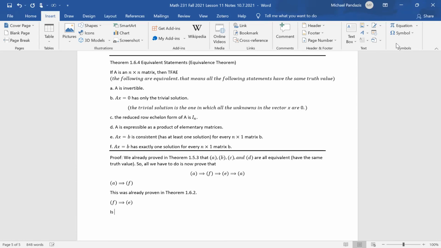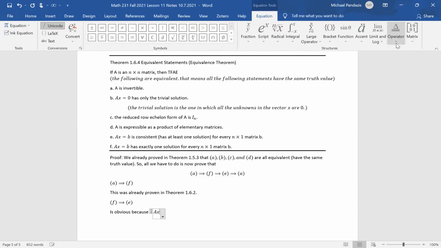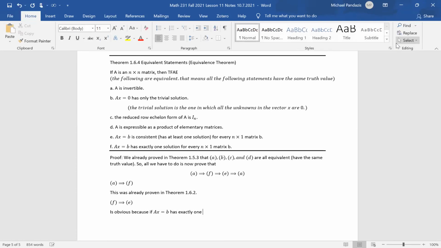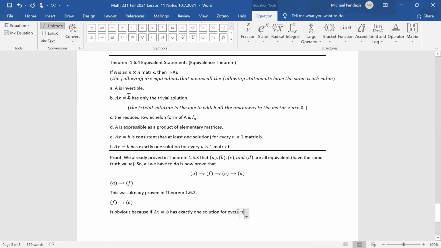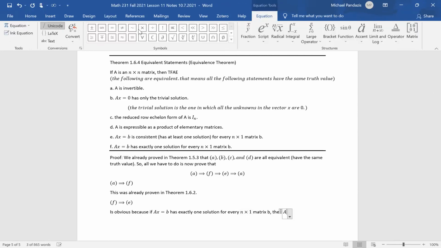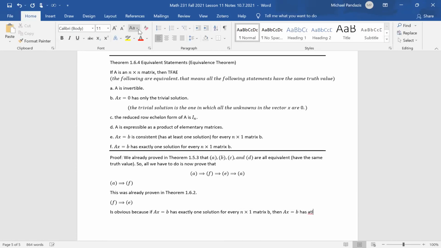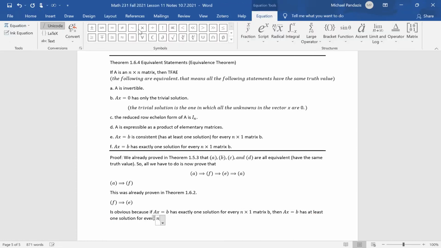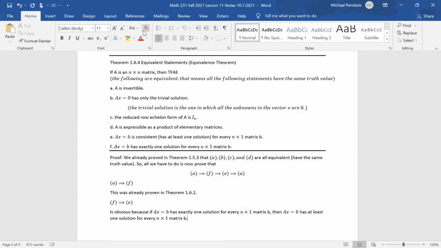F implies E is obvious, because if AX equals B has exactly one solution for every n by 1 matrix B, then AX equals B has at least one solution for every n by 1 matrix B. So F implies E is obvious, right?